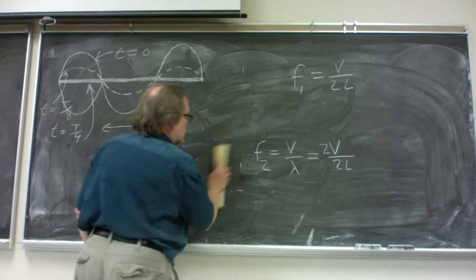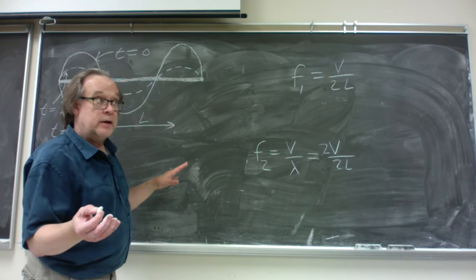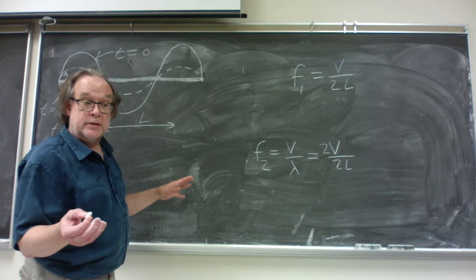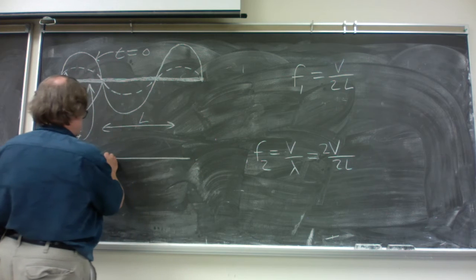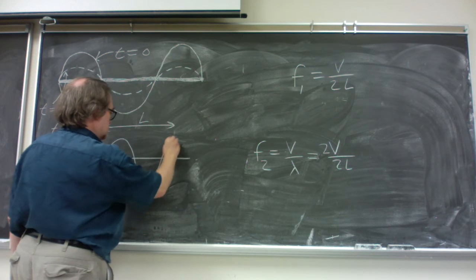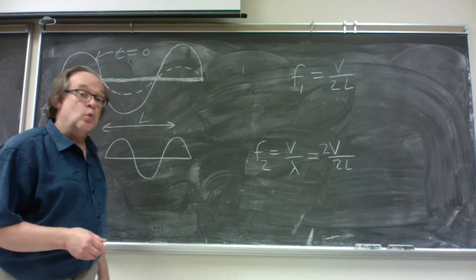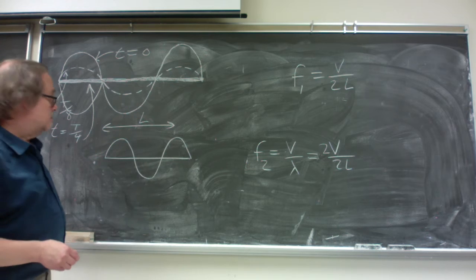Now we'll look at one more, and then we'll see the pattern. That standing wave had one node between the ends. Now how about one with 2 nodes between the ends? A snapshot at one moment when everything was at its maximum displacement from equilibrium looks like that.